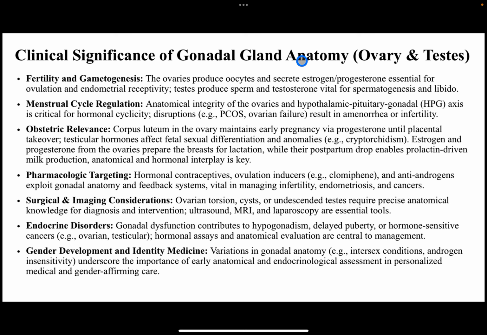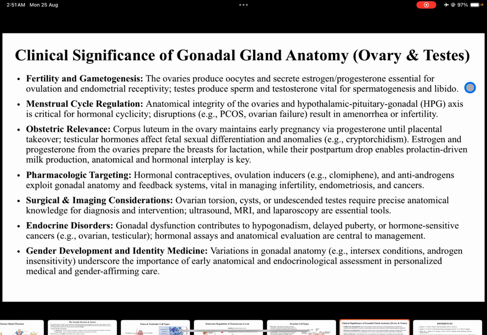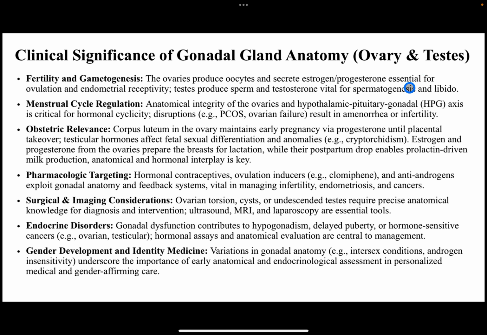So if someone is having a problem anywhere in the gonadal axis, that person can even have problems with libido, issues relating to sexual arousal. All these are things you have to be mindful of in exams, especially the clinical significance.